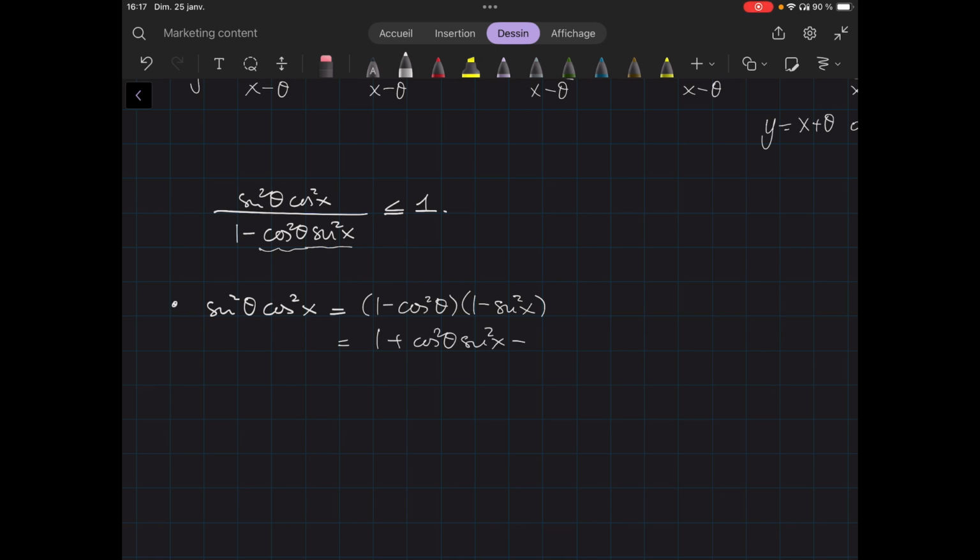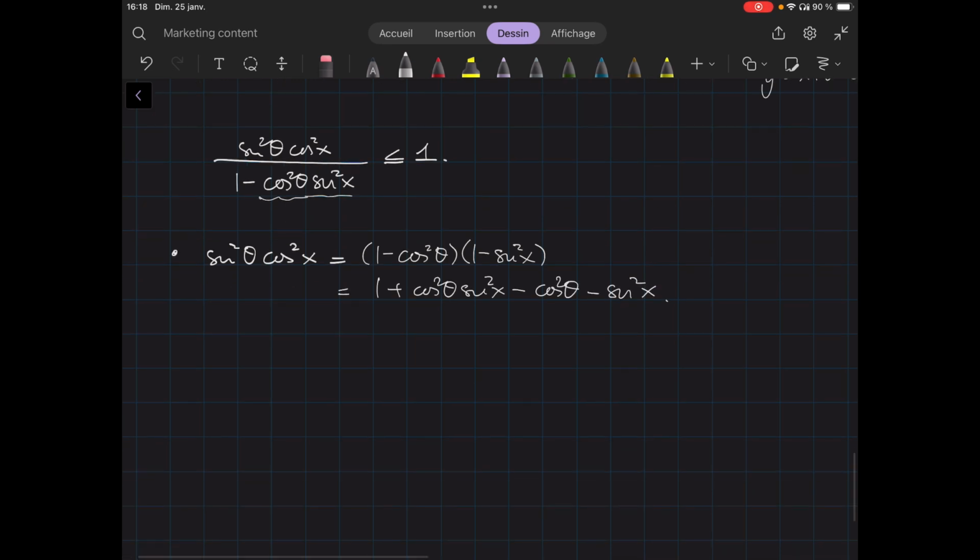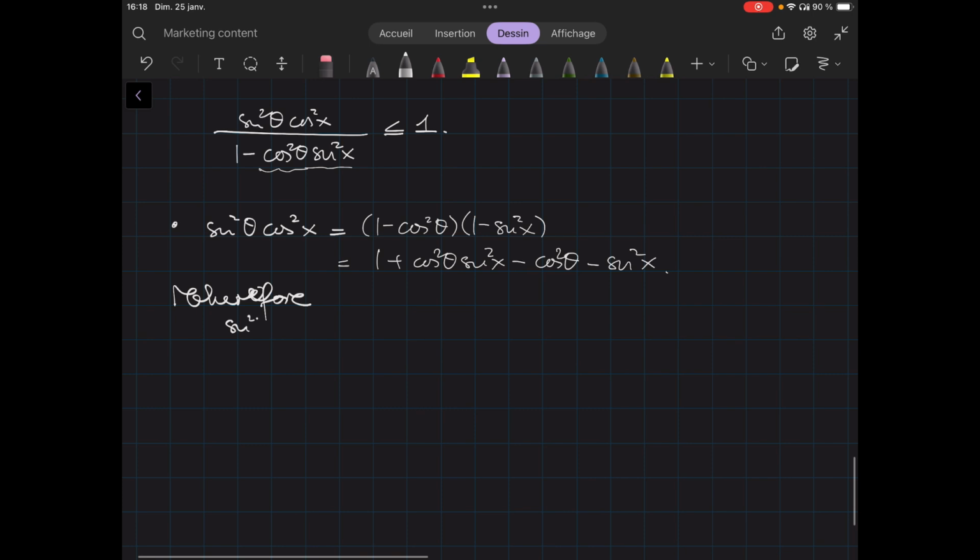Expand and simplify, you will get this. Therefore, sine squared of theta cos squared of x divided by 1 plus cos squared of theta sine squared of x is equal to 1 plus this positive term minus the negative term.